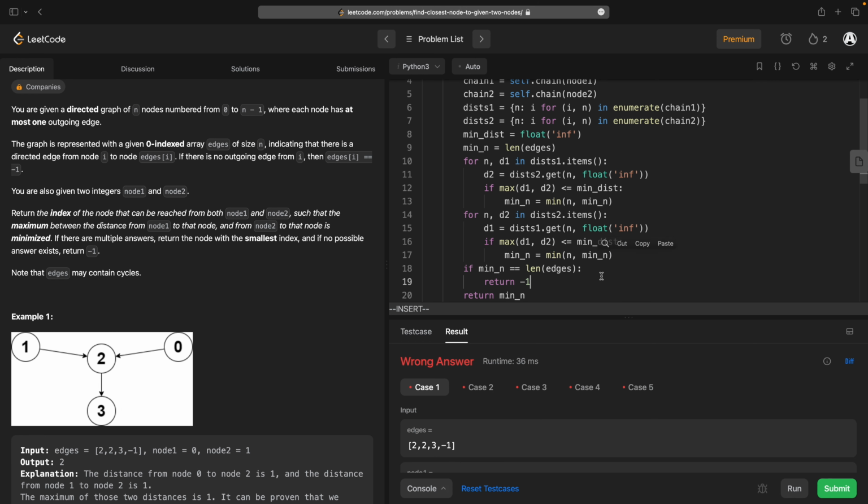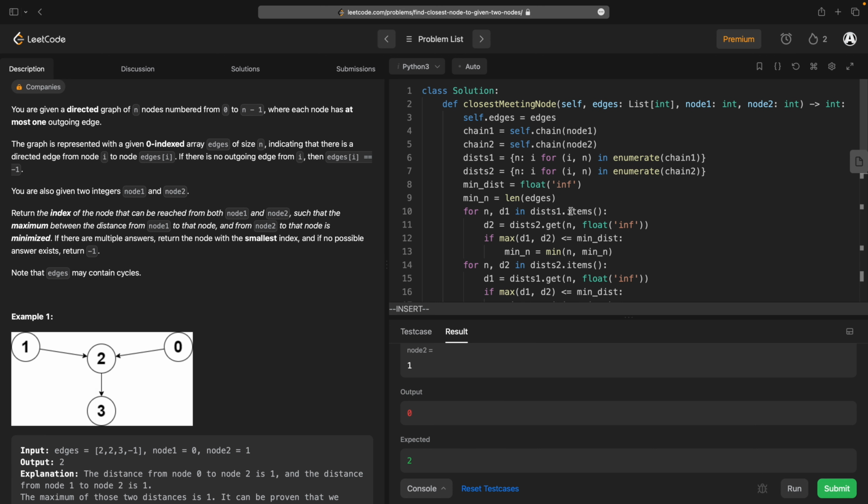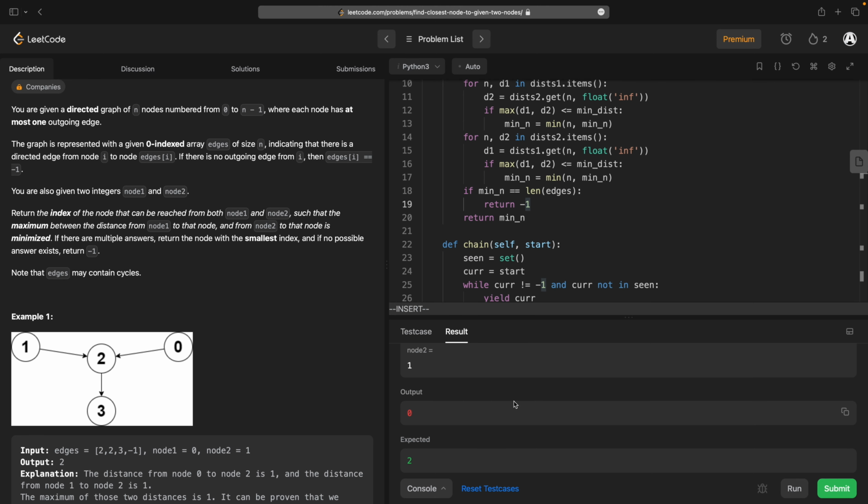Obviously that was never going to work, was it? Although it still doesn't work. We expected a 0, we got a 2. Why is that?